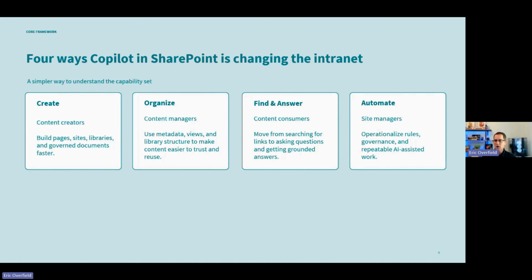So, creating, for content creators: Copilot is there to help you build pages, sites, libraries, and help you govern the documents that are being created faster. So the idea here is that people can spend significantly less time setting things up and more time on the work itself. More time actually creating good content, not just trying to create it.